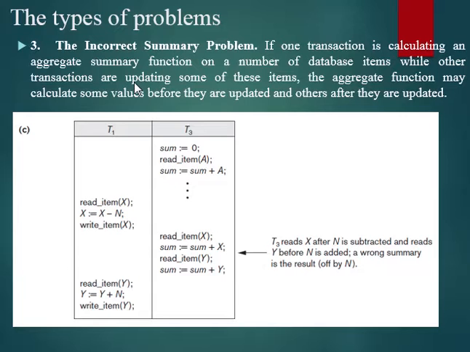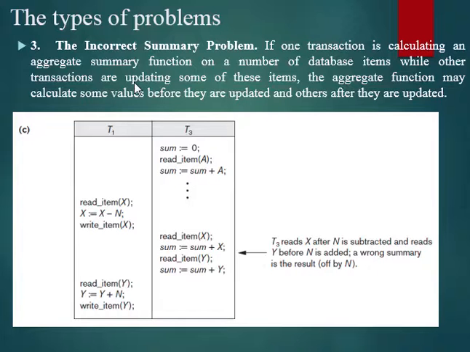So the next problem is the incorrect summary problem. If one of the transactions is calculating an aggregate summary function on a number of database items, while other transactions are updating some of these items, the aggregate function may calculate some values before they are updated and others after they are updated. Suppose you are executing a query which contains the aggregate function sum of all marks, and the database contains 10 lakh records.